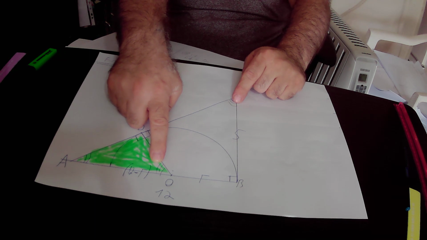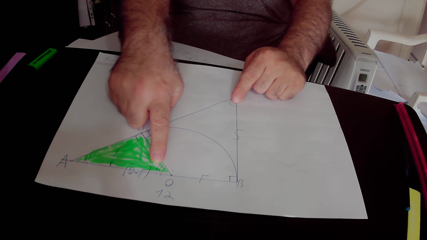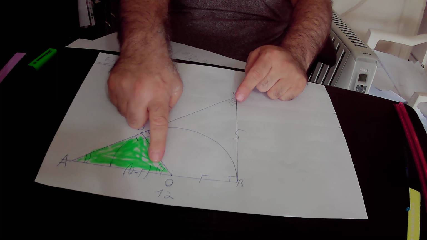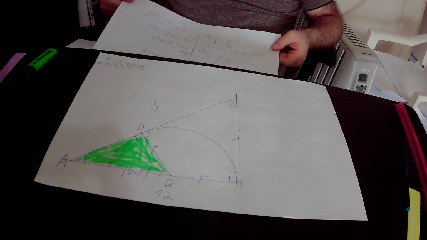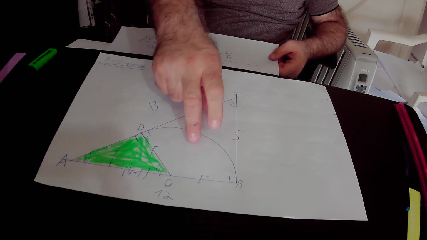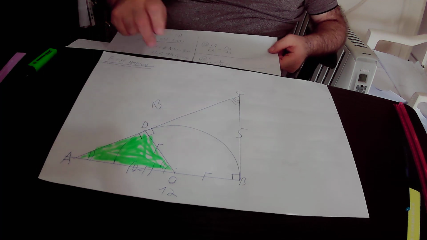So the value of the third angle is 180 degrees minus the sum of the two other angles, and those two other angles are equal in both triangles. Therefore, the third angles must be equal in both triangles. So we proved that all three angles in triangle ABC are congruent to all three angles of the green triangle.